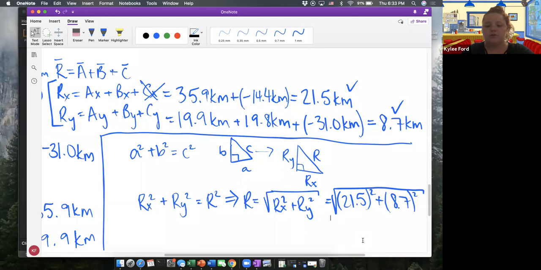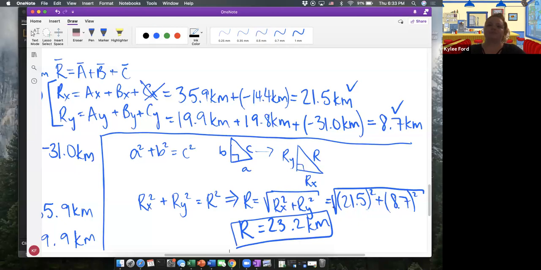So 21.5 squared plus 8.7 squared, close my parentheses, and I end up with my resultant as 23.2 kilometers. Okay, so this is my resultant.